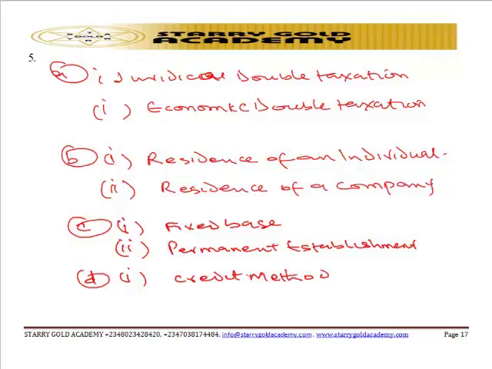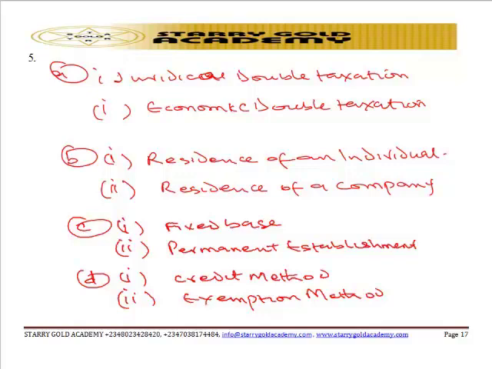Now, exemption method. Okay, let's look at exemption method. Under the exemption method, the foreign source income is deducted from the worldwide income of the taxpayer in computing the tax payable in the country of residence.